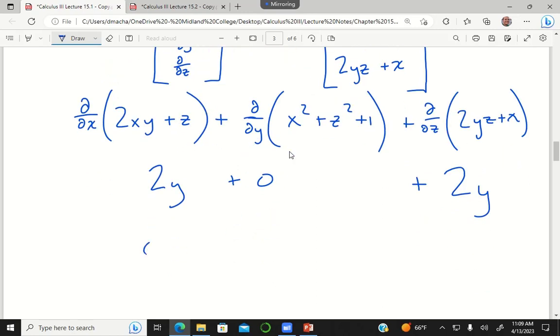So the divergence of this vector field is 4y. The divergence only cares about what the y coordinate is. Okay, makes sense? Any questions? No? All right.